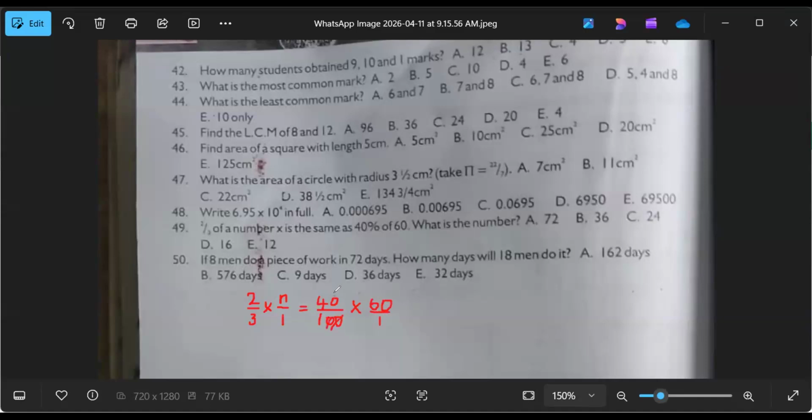What do we do next? So we will do 2/3 of n. Now yes, I like that. 24 is 2/3 times 24/1. No, now.